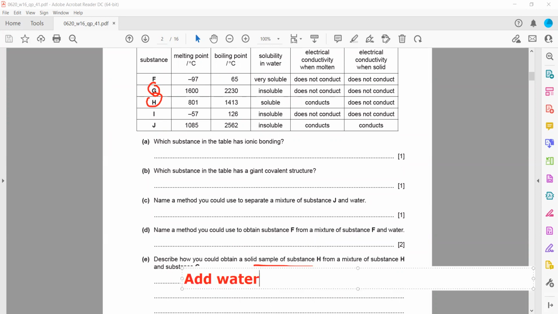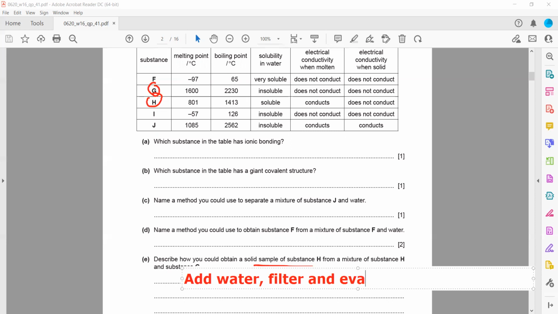And at the last, we will evaporate the filtrate to obtain the substance H from the mixture.